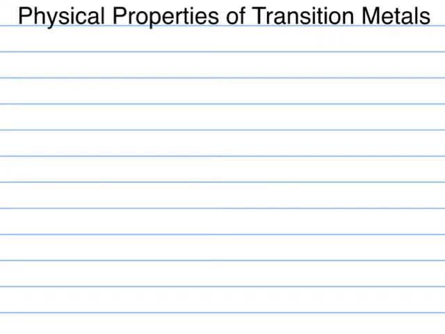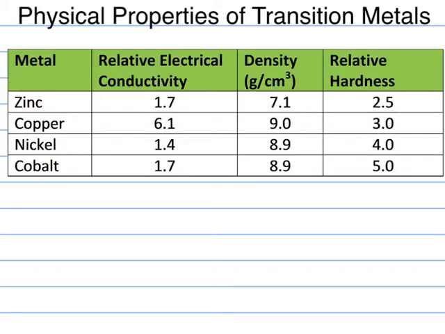The properties of transition metals are different from the other metals that we've seen. So we've looked at the alkali metals, which are very soft and not very dense in comparison to these metals.